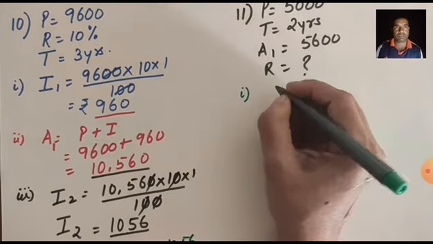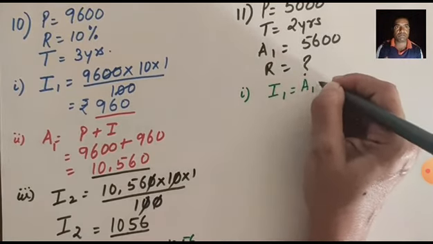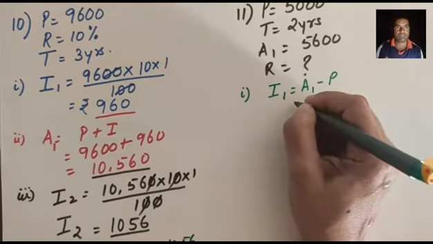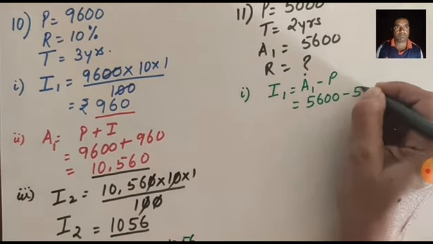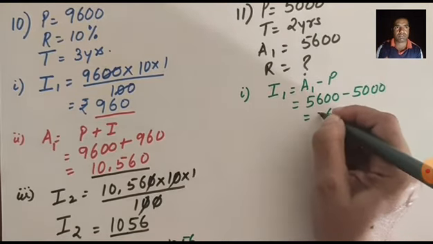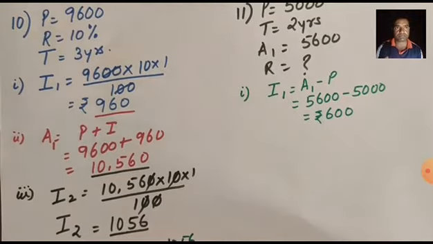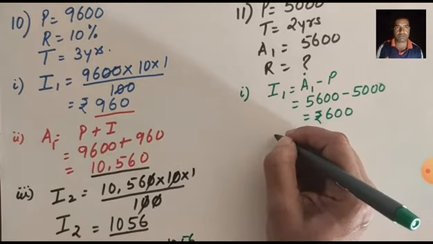First we observe these four things given. We find it by the formula amount minus principal. Amount is 5,600, principal is 5,000, which will be 600. So this is the I1. I1 means interest for the first year. Got it now?